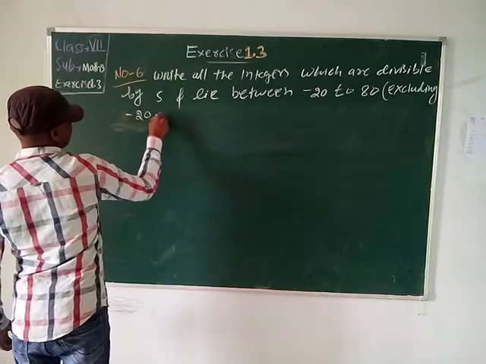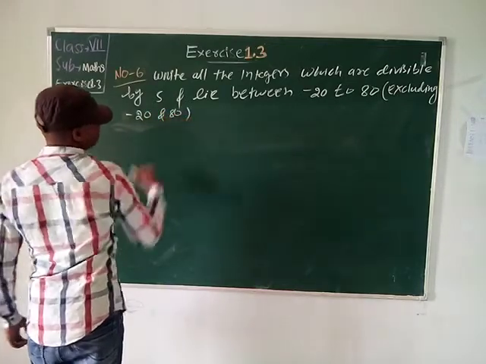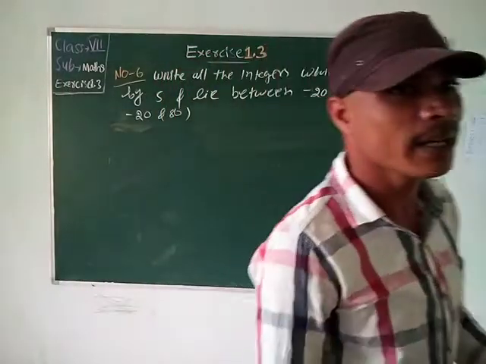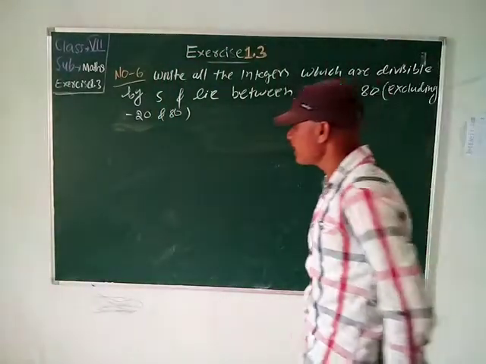That means we can find the numbers that are divisible by 5 except minus 20 and 80.